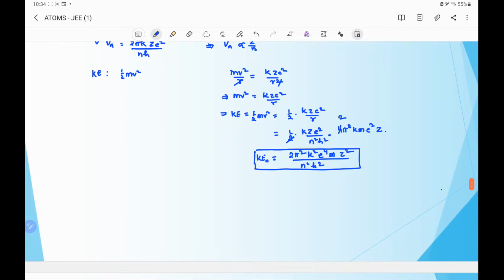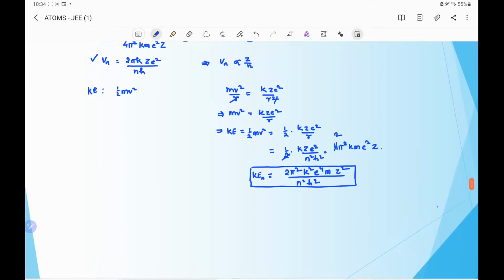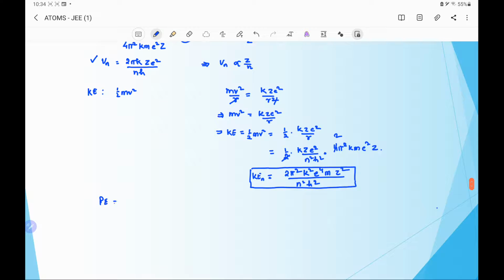Similarly, we have to find the potential energy. Potential energy is the electrical potential energy, 1 by 4 pi epsilon 0, that is replaced by k here, into one of the charges, which is Ze. This is the charge on the nucleus, it is a positive charge, and the charge on the electron is negative, divided by the distance between them, that is the radius of the orbit. So it will give minus kZe square by r.